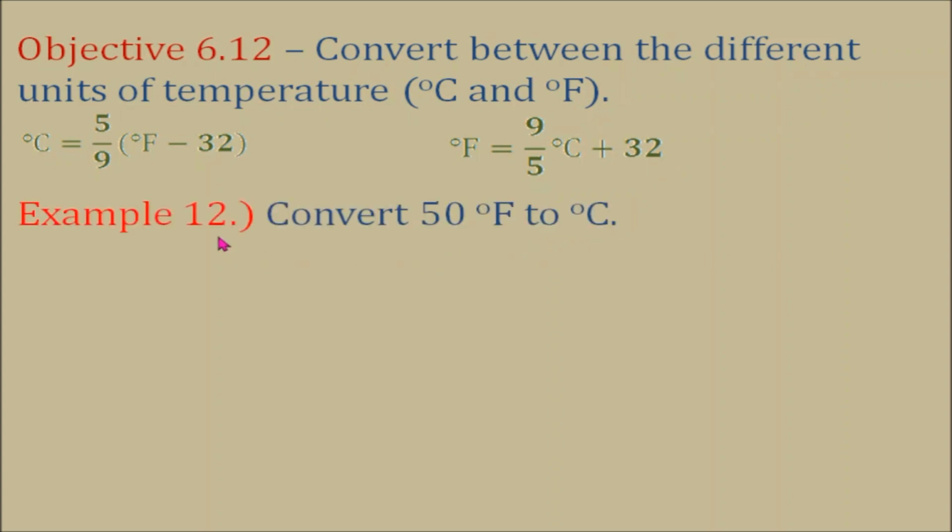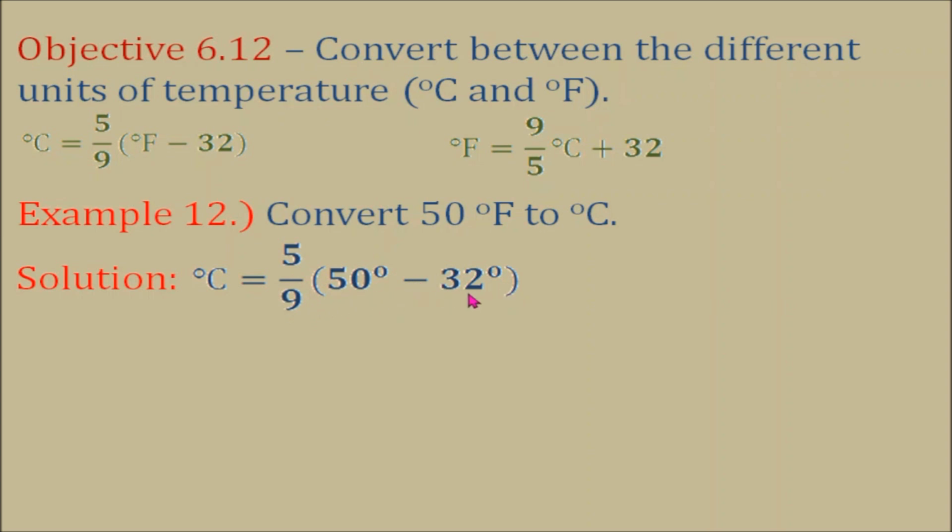Example number 12. Convert 50 degrees Fahrenheit to degrees Celsius. Since we need Celsius, this is the formula that we are going to use. And substituting our F with 50, this is what we get. Degrees Celsius equals 5/9 times the quantity 50 degrees minus 32 degrees.